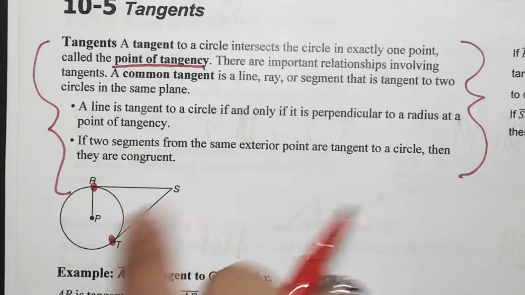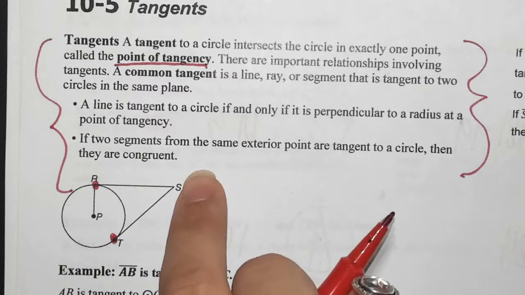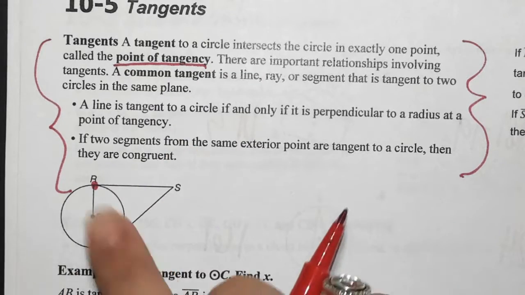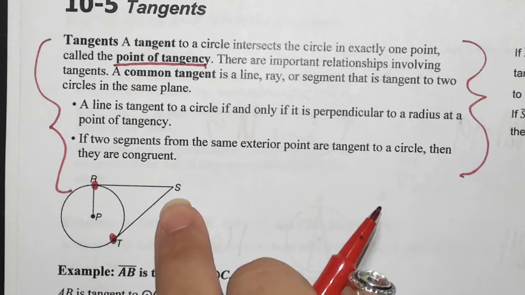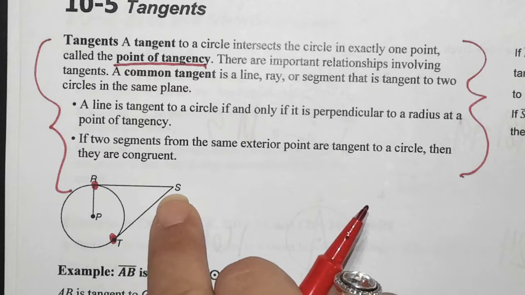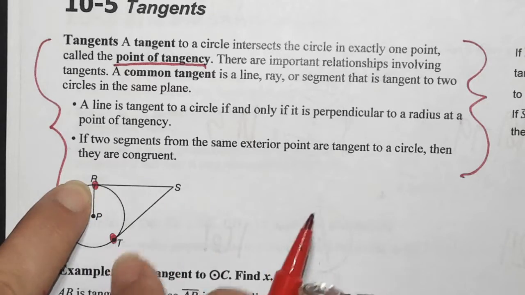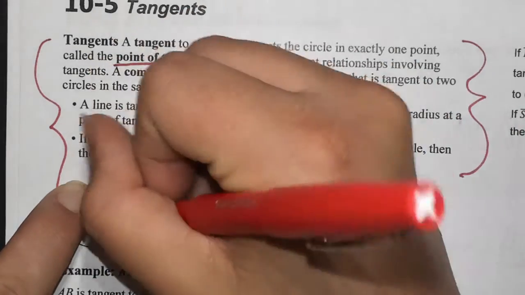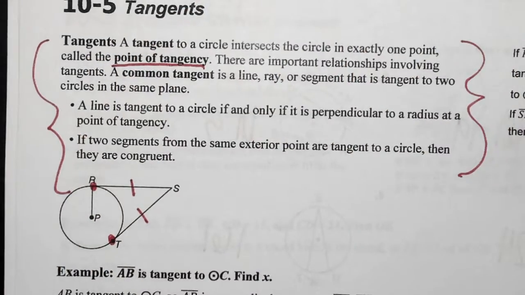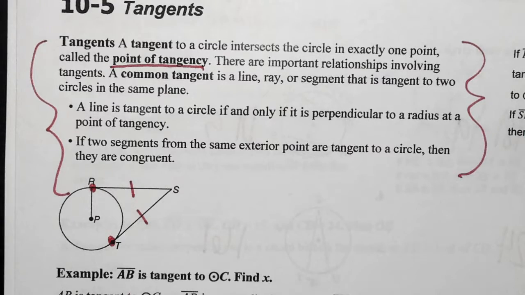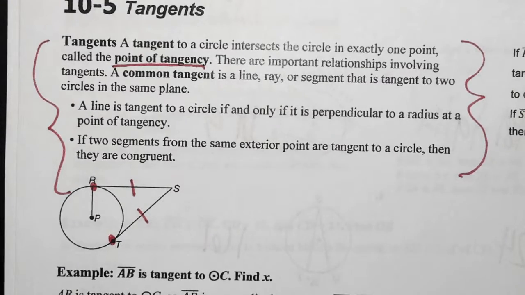So if these two tangent lines come from the same exterior point, which in this example, they both come from the same exterior point at point what? S. And since they both come from point S and they go to a point of tangency, RS is congruent to ST. That's main idea number one.